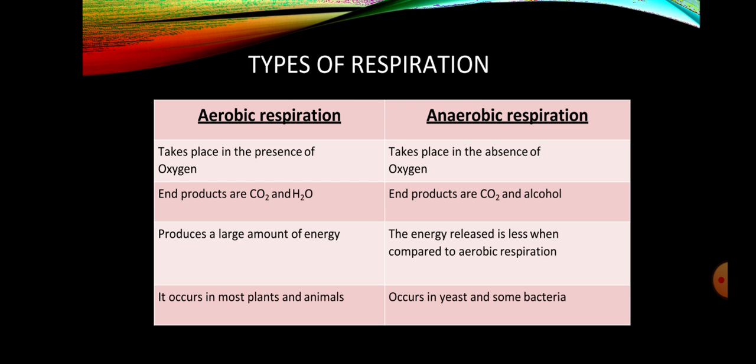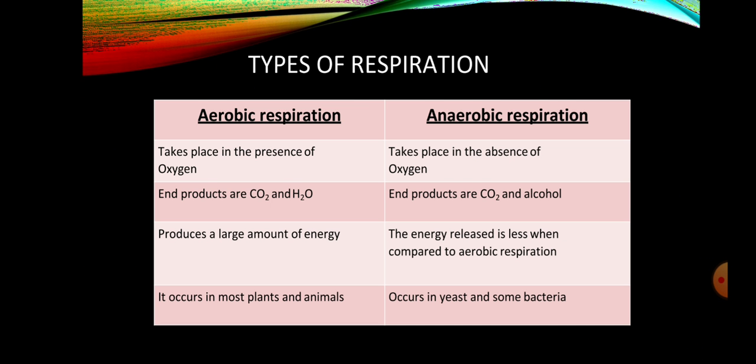The end products of the aerobic respiration are CO2 and H2O. CO2 is carbon dioxide and H2O is the chemical formula of water. And when you see the end products of anaerobic respiration, the end products are CO2 and alcohol.